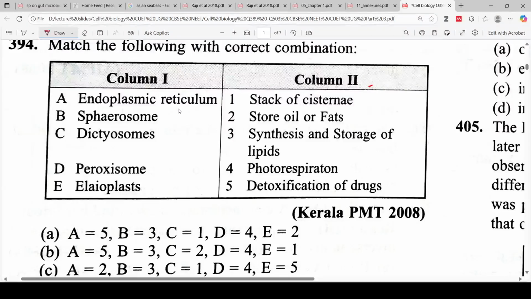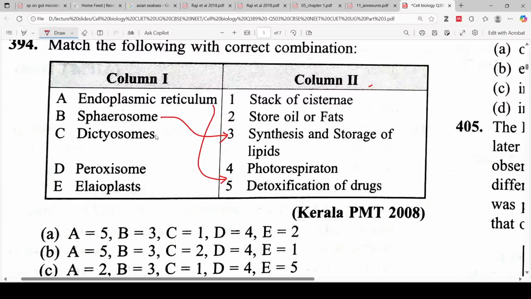A matches with 5. Endoplasmic reticulum is associated with detoxification of drugs, and spherosomes is associated with synthesis and storage of lipids.